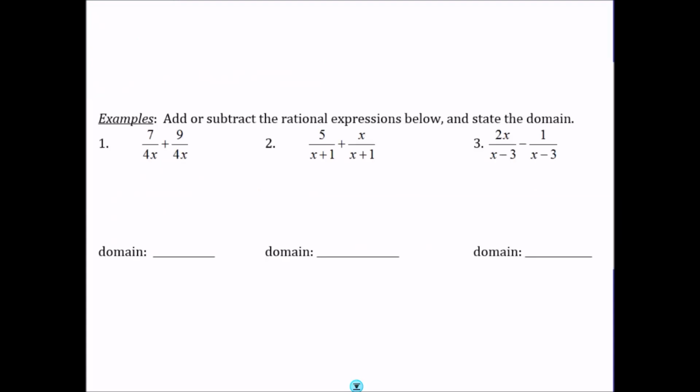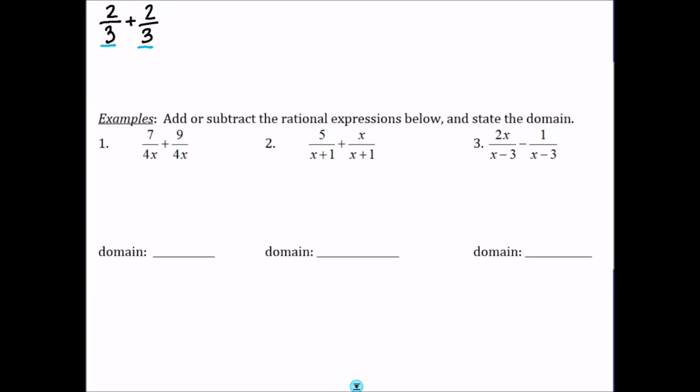To start, let's go back to elementary school and think about how we add and subtract fractions. So if I have 2/3 plus 2/3, they have a common denominator.